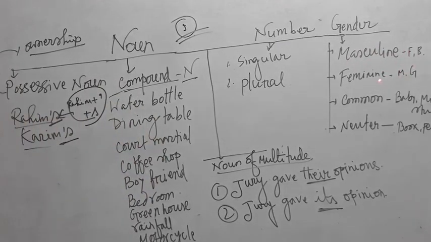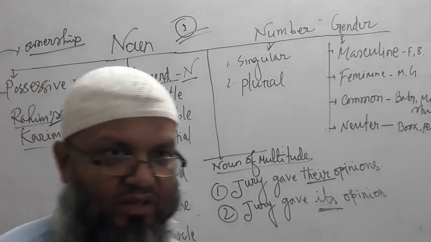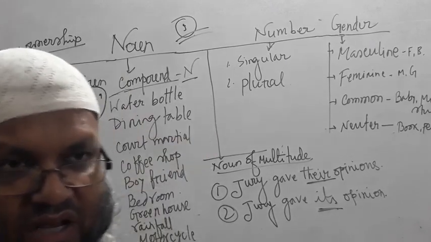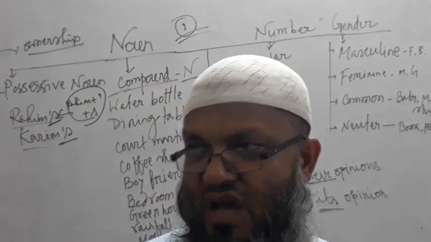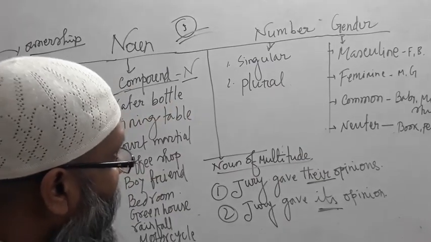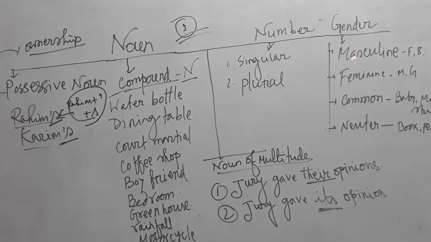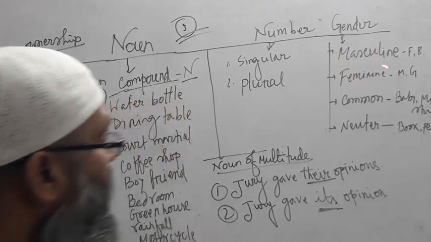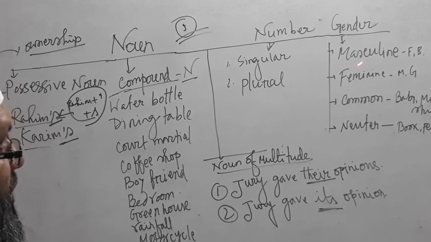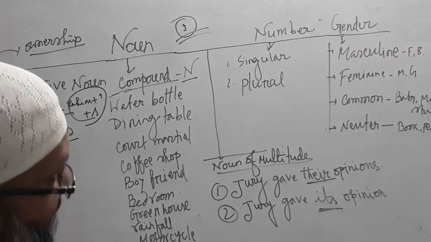Something like if I give you some examples, suppose father, then brother, and lion, and tiger. In this way, the class of any animal, that means the male, it will be masculine, and then feminine.